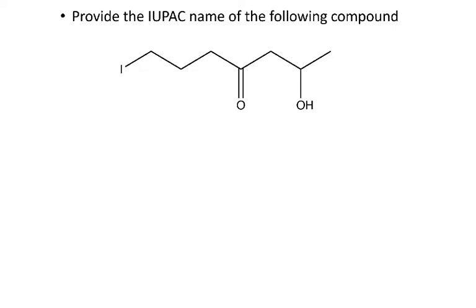And there's no special priority. So after we've assigned the highest priority, now essentially the alcohol and the halogen or alkyl groups or whatever are equivalent. I just want it to be as low as possible. So here I would start with the first substituent other than the ketone as being 1. Here it would be 2, so I should start numbering from this end. So it should be 1, 2, 3, 4, 5, 6, 7.